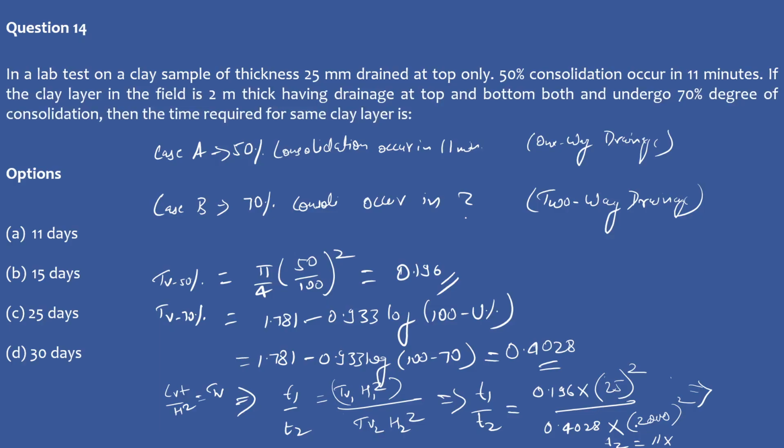Okay, here it's your double drainage, so you just need to take H by 2. Sorry. So 0.4028 into 1000 square, divided by 0.196 into 25 square, into 11.